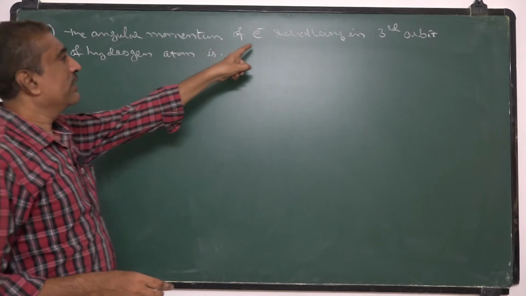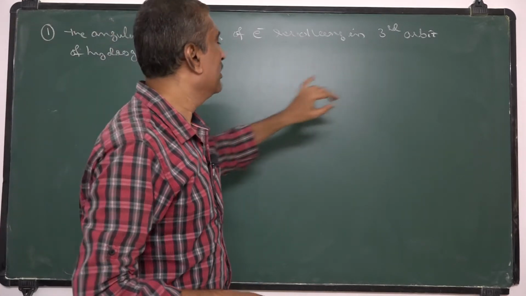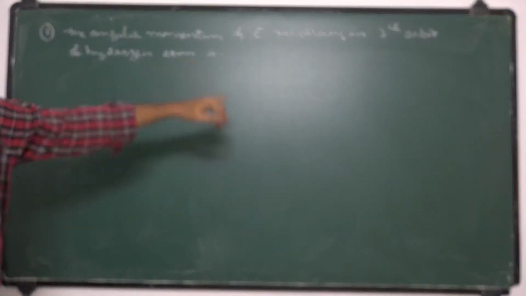The angular momentum of electron revolving in third orbit of hydrogen atom.